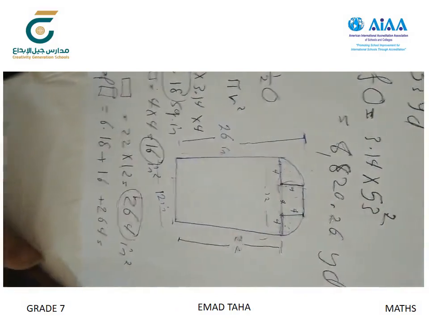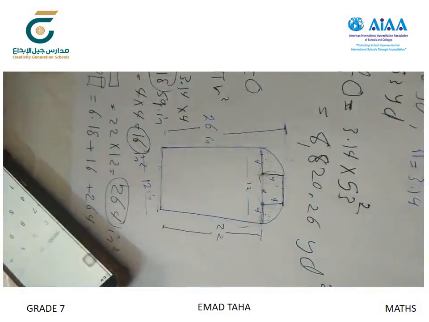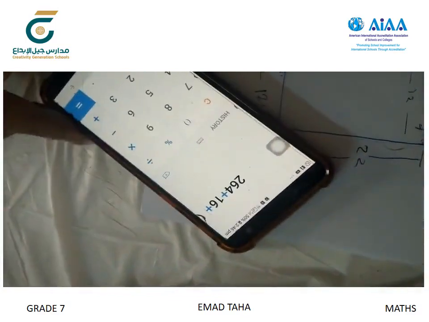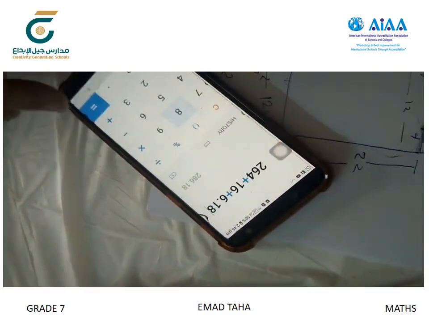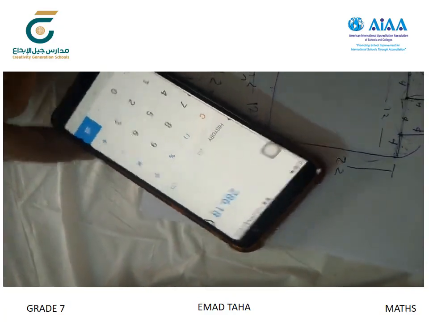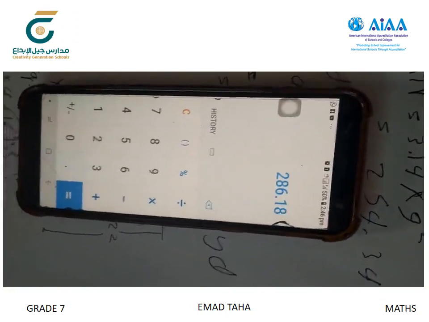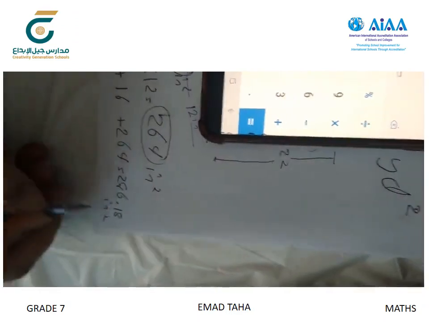So we add 264 plus 16 plus 6.18. The answer equals 286.18 square inch.